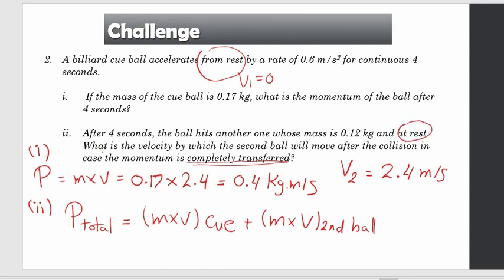This means that it will have no momentum, so this will be equal to 0. The momentum of the cue ball before the collision we just calculated from number I. So the total momentum before the collision will be equal to 0.4 plus 0, which is 0.4.